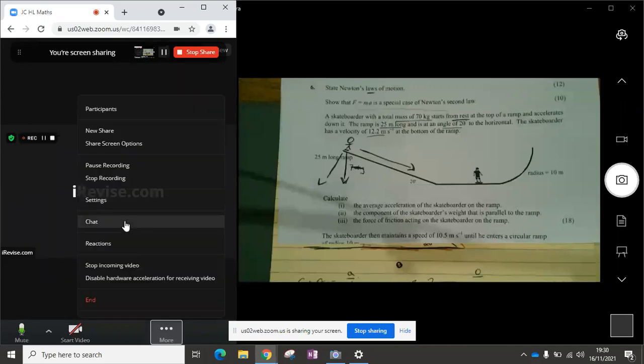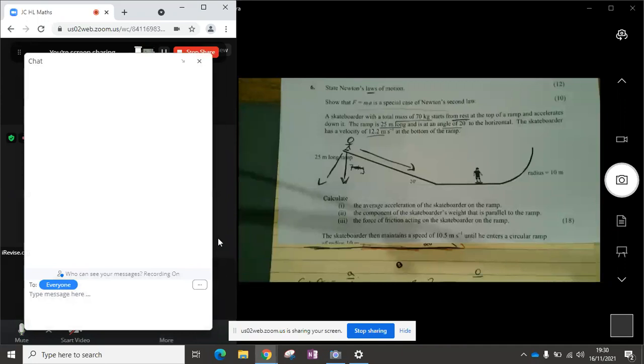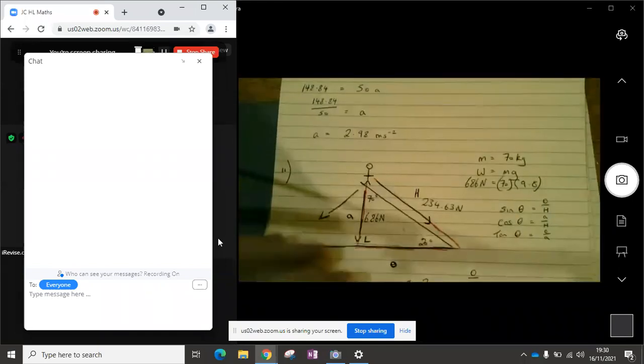So the force of friction acting on the skateboarder on the ramp, that's the next part we're looking for. The friction is what's going to try and slow him down. Friction is basically what the ramp, or gravity, is going to do to slow him down. So we know that he is moving forward. We know the acceleration.